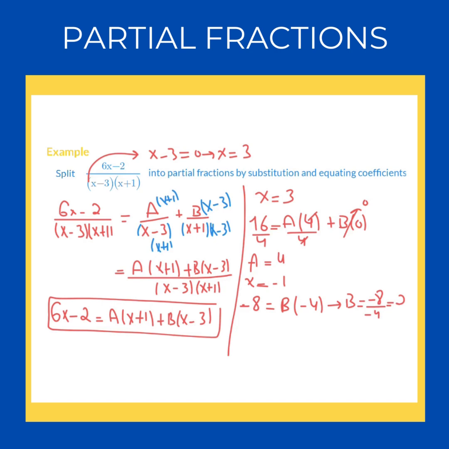So 6x minus 2 over x minus 3 times x plus 1 is equal to a over x minus 3, where a is 4, so 4 over x minus 3, and b is 2, so plus 2 over x plus 1. The partial fractions are 4 over x minus 3 plus 2 over x plus 1.